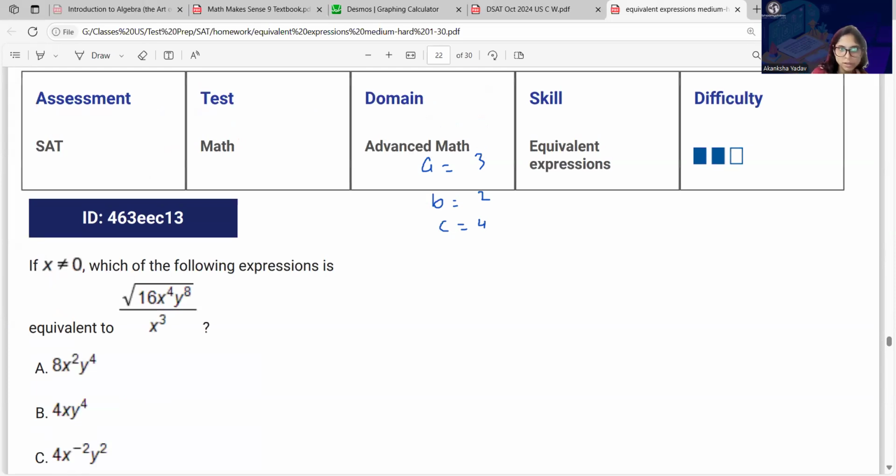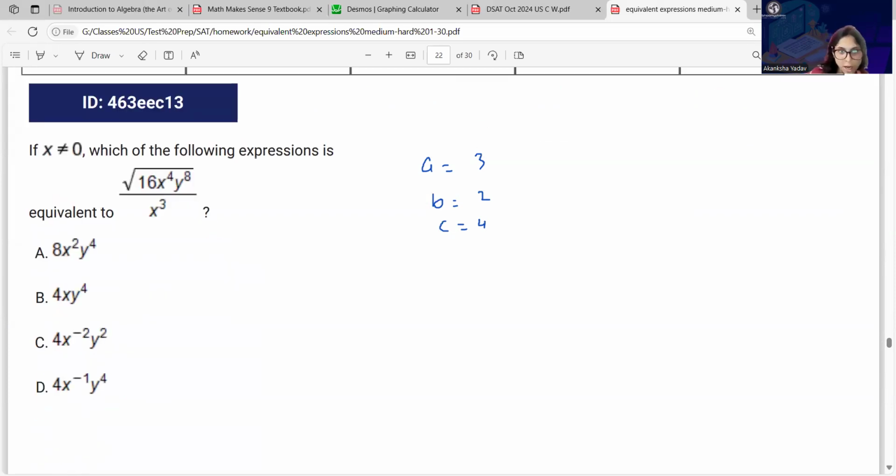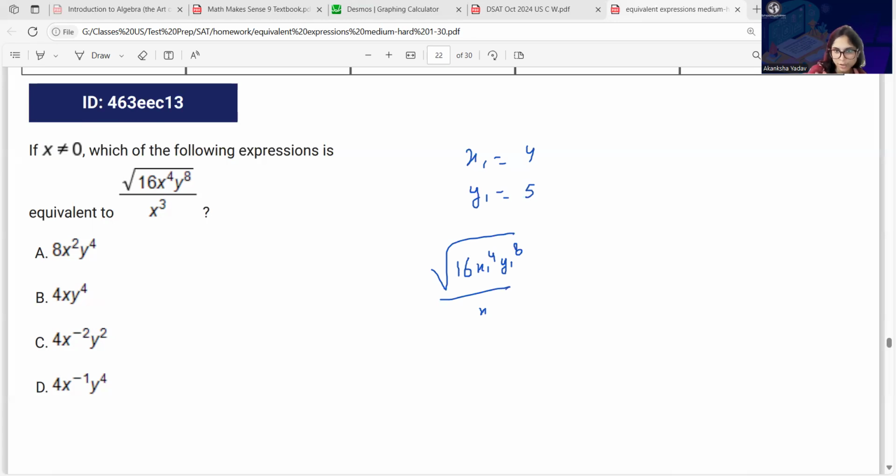For example, over here, you can solve it manually. But let's say if you do not want to solve it manually, again, what you will do? You will give some value for x1. You will give some value for y1. Then type in this equation. You will get some value here.